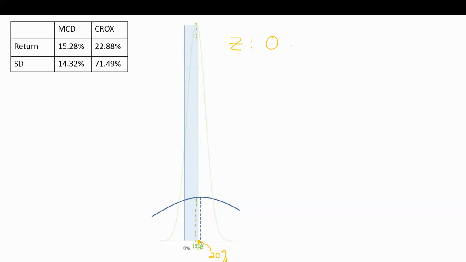I've got to find my z-score for 0, so I go 0, I subtract McDonald's mean of 15.28, and I divide by McDonald's standard deviation of 14.32, and I get negative 1.07. What that negative 1.07 means is that 0 falls 1.07 standard deviations to the left of McDonald's mean.